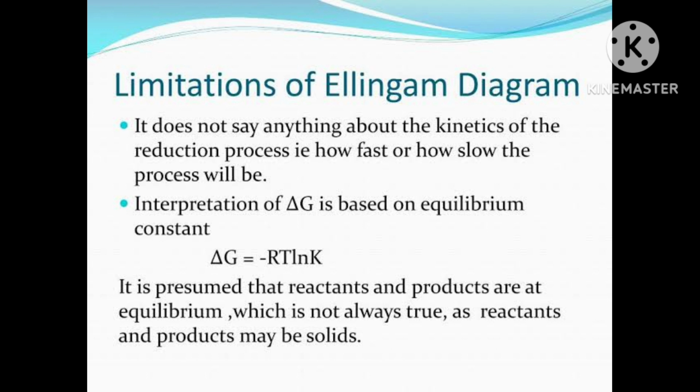And what is the actual value of delta G? You can see at that point, parallel to the x-axis, on the y-axis, what is the value of delta G. Just parallel to the x-axis, you look towards the y-axis from the point of intersection, to see the value of delta G. Correct?